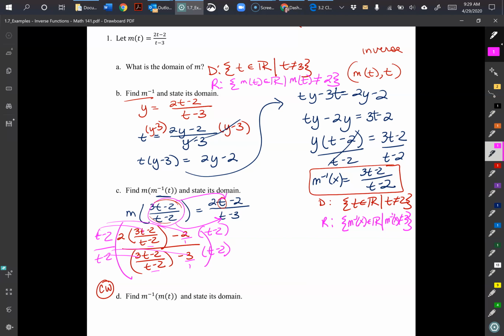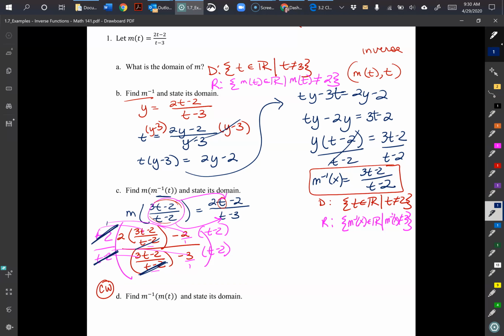So what happens is I will end up getting some things to reduce out. The t minus 2 here goes to 1. T minus 2 here goes to 1. And now this is my distributing. I don't have anything to cancel that out with.